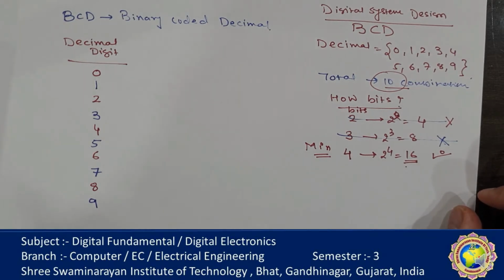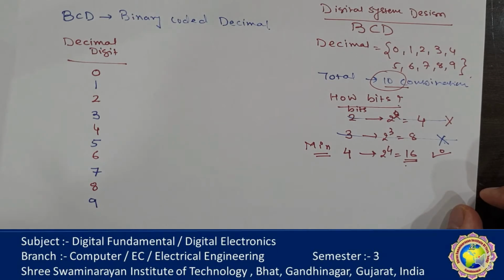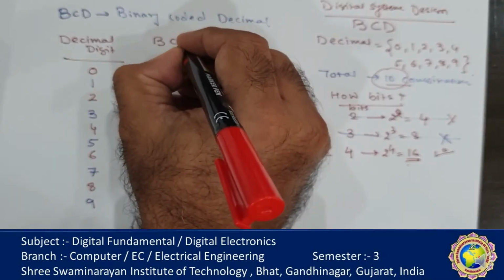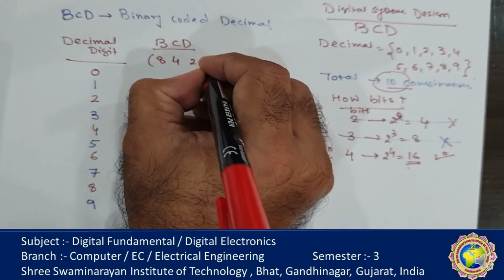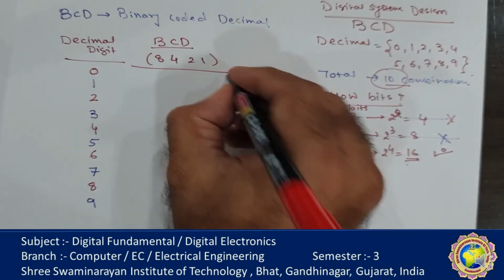And one of the most popular is BCD, binary coded decimal, a straight assignment of the binary equivalent. It is possible to assign binary weights to the binary bits according to their position. So BCD: the weightage of each bit is 8, 4, 2, 1.